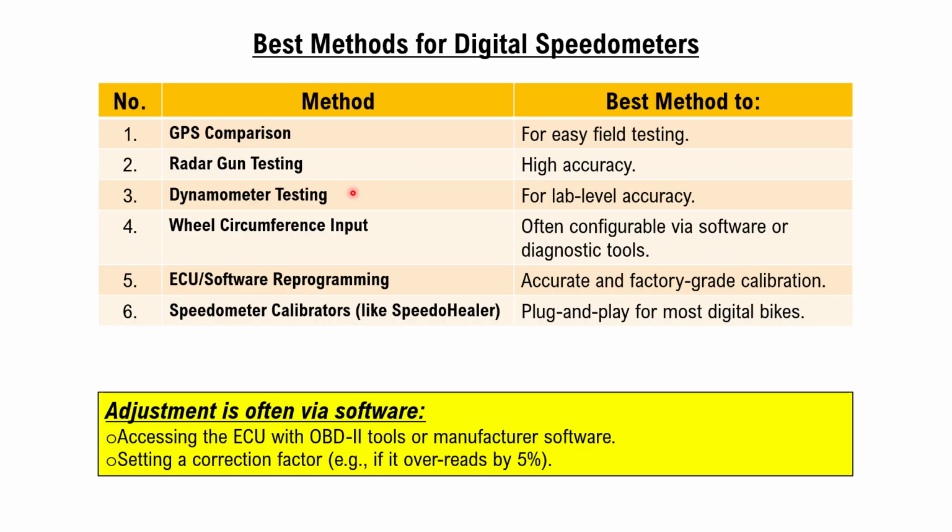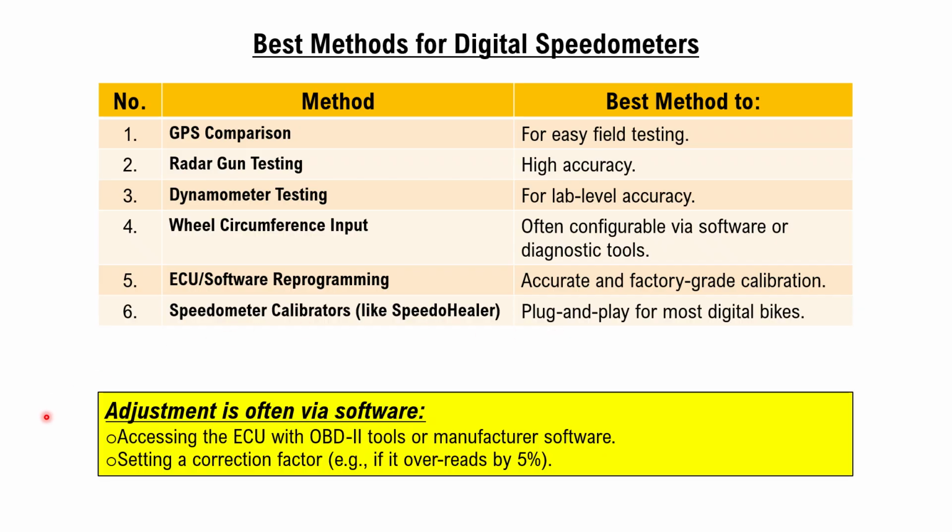Dynamometer testing gives lab-level accuracy. Wheel circumference input is often configurable via software or a diagnostic tool. ECU gives accurate, factory-grade calibration. Speedometer calibrators are plug and play for most digital bikes.